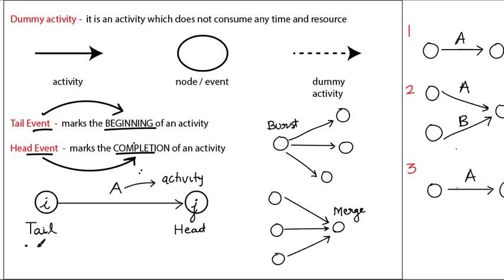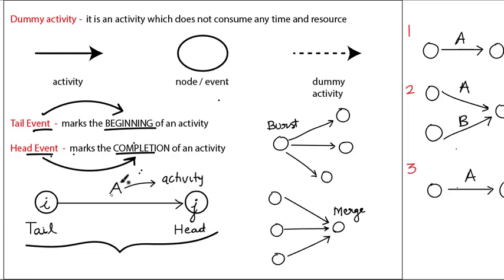So this is how a single activity is denoted in a network diagram. There will be an arrow going from left to right, with a start node and an end node. The start node is the beginning, that is the tail event, and the end node is the completion, that is the head event. Event or node is the same, denoted by a circle.